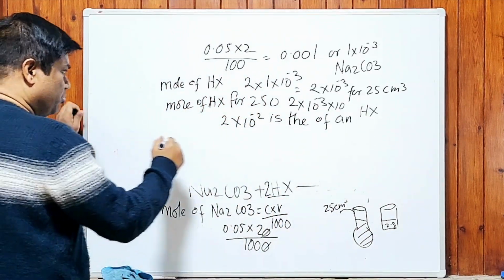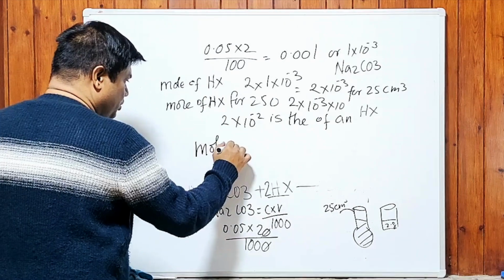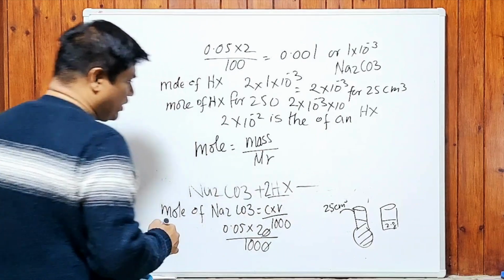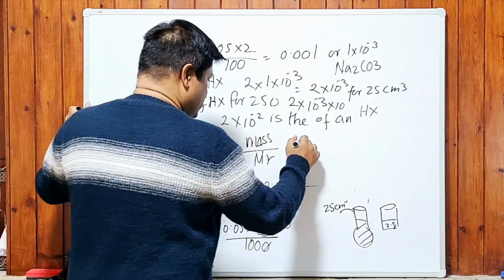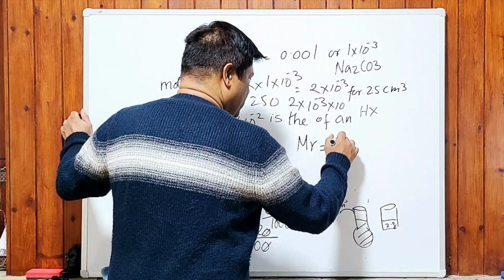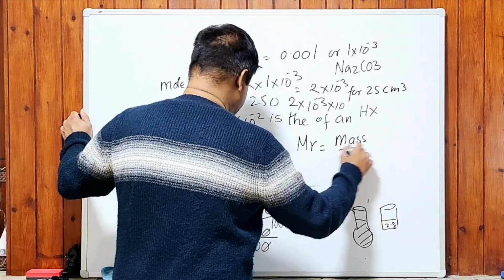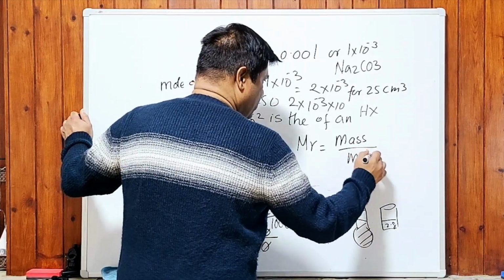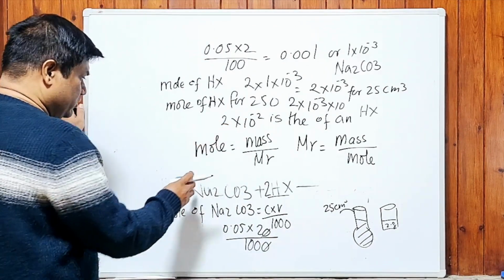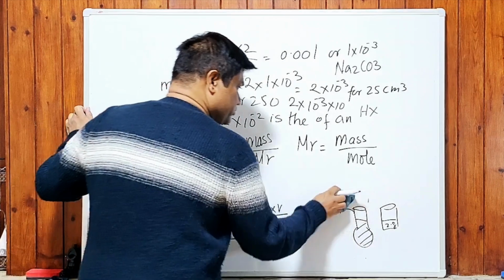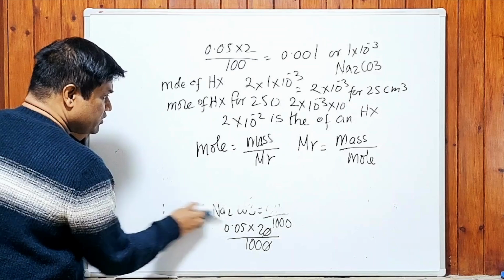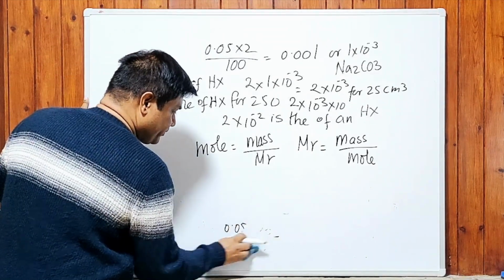Mole equals mass over MR. I want to work out the MR, so rearrange: MR of the acid HX equals mass divided by its mole. Mass is 2.8 gram, and the mole of the acid is 2 into 10 to the power of minus 2.